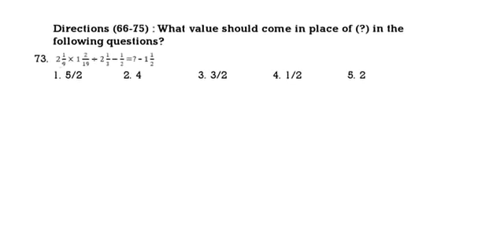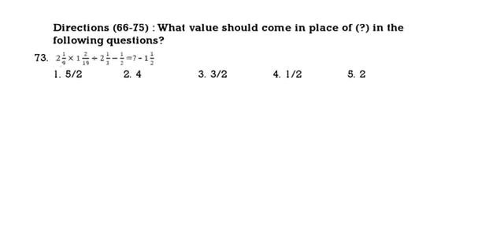2 1 by 9 into 1 2 by 9. 2 1 by 9 is 19 by 9, into 1 2 by 9, 11 by 9, into 2 1 by 3 means 7 by 3, 3 by 7, minus 1 by 2 is equal to x minus 1 1 by 2. Now do the cancellation. 1 1 by 2 is nothing but 3 by 2.